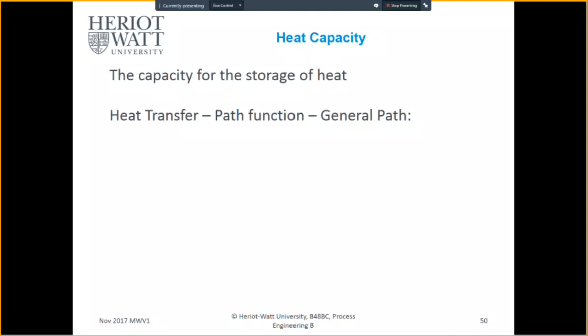So for a general path function, your change in internal energy, molar change, over change in temperature, gives you your heat capacity. But the heat capacity for volume work and pressure work are different, and we're going to go through what's the difference. And remember the first law of thermodynamics: the change in internal energy equals the heat plus the work into the system.